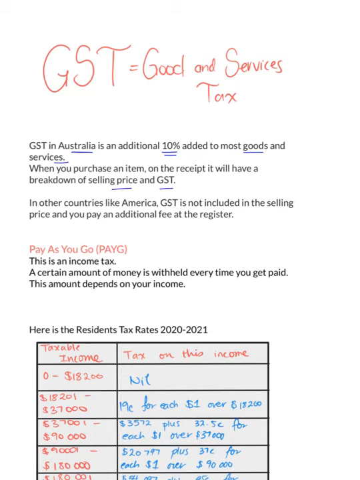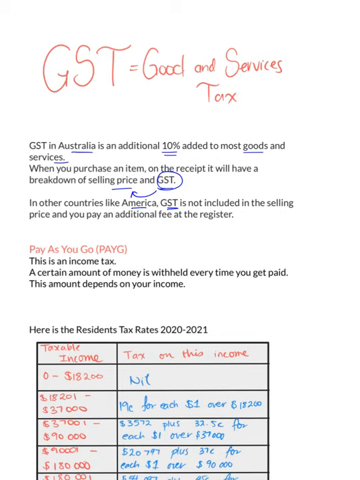GST. Now, sale prices displayed at counters in Australia most of the time include the GST, so you don't actually pay an additional 10% at the register. That's included within the selling price. Now, in other countries like America, the GST is added when you go and pay at the register.